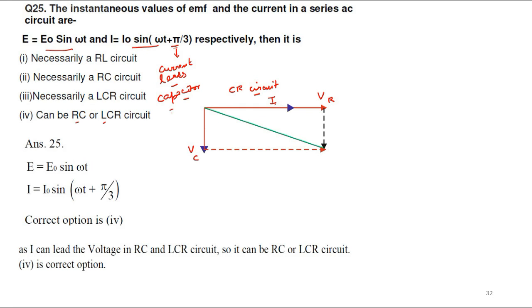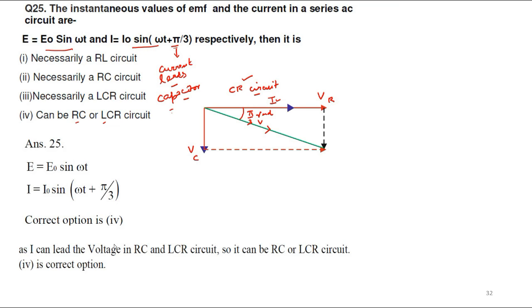You see the current here. This is the net voltage. This angle is the phase angle. Now you can see the current leads the voltage by some angle, and in the question it is given as pi by 3 in units of radian. So it is possible for a CR circuit.